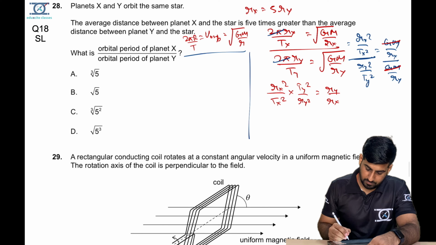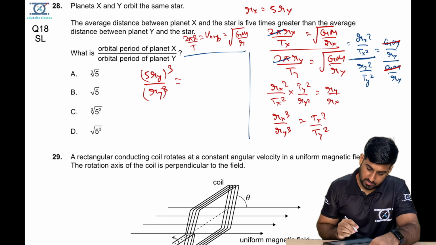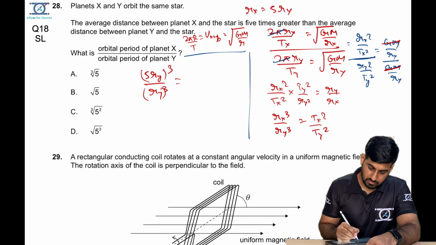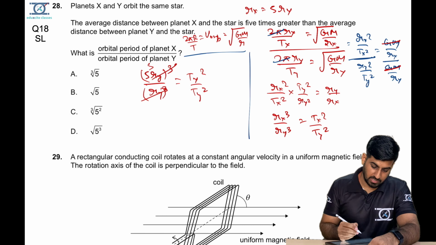So this will become r_x cubed upon r_y cubed equals t_x squared upon t_y squared. Now r_x is 5 r_y, so r_y cubed upon r_y cubed equals t_x squared upon t_y squared. So what you can do is, this r_y cubed and r_y cubed will get cancelled. This will become 5 cubed equals t_x upon t_y whole squared.